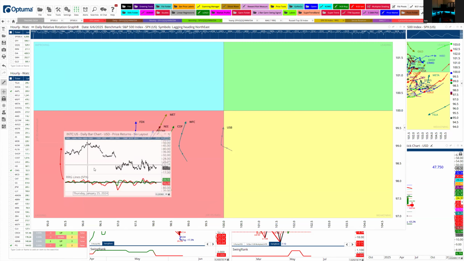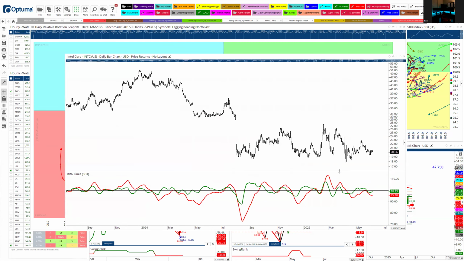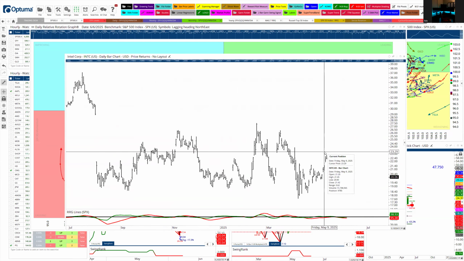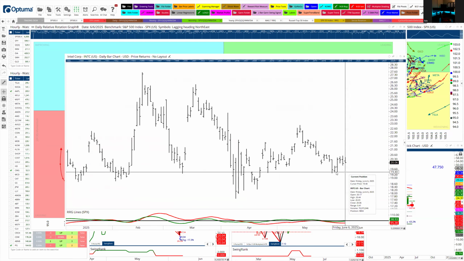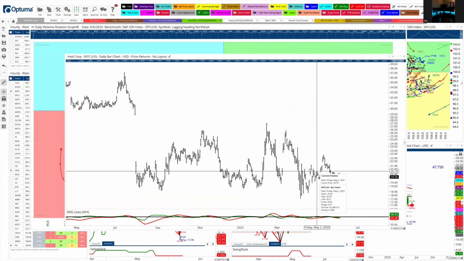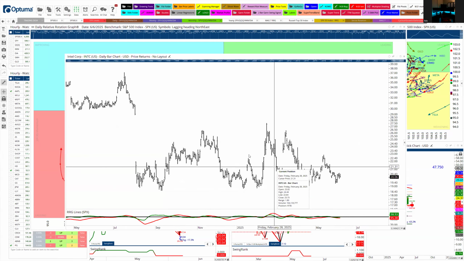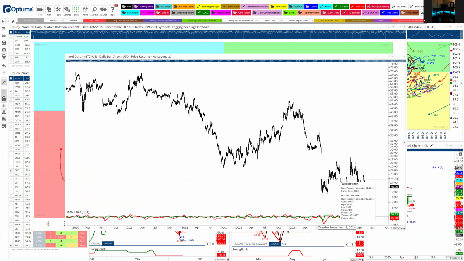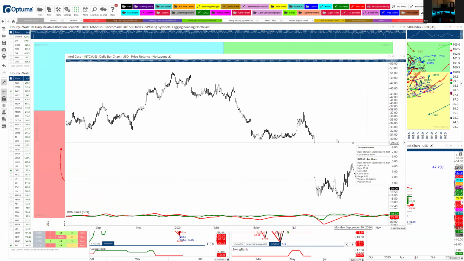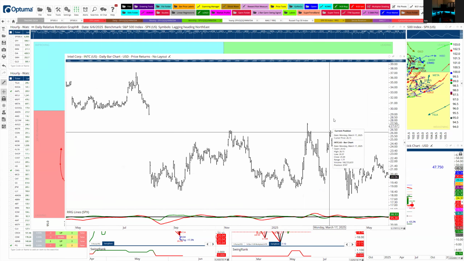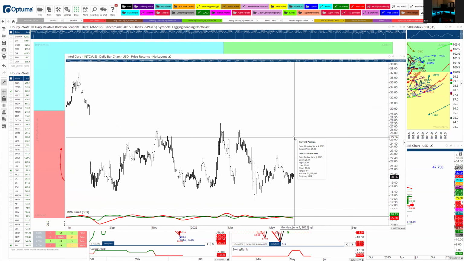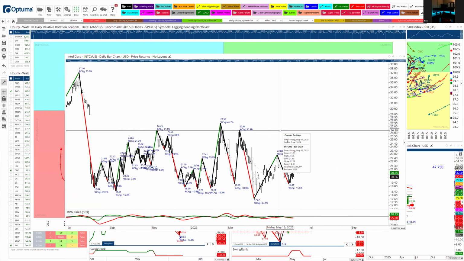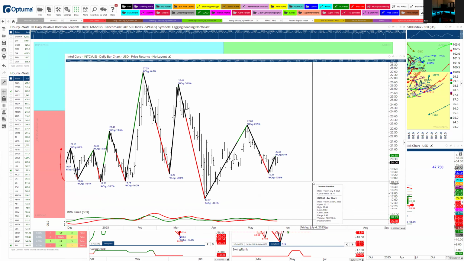Watch Intel. Intel might be due for too much beating. You see how narrow these swings are?